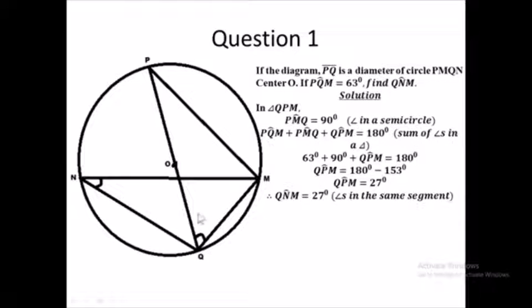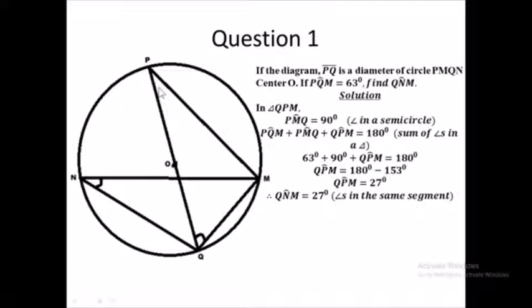We already have 63 plus 90, and if you add these together, we have 153. Take 153 from 180, and that will give us this angle QPM as 27 degrees. That means this angle QPM is 27 degrees.